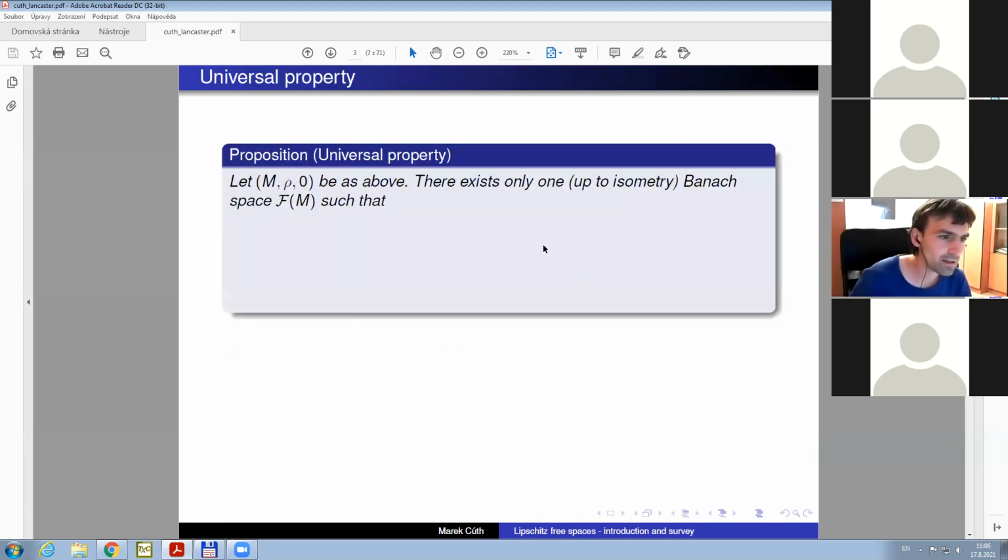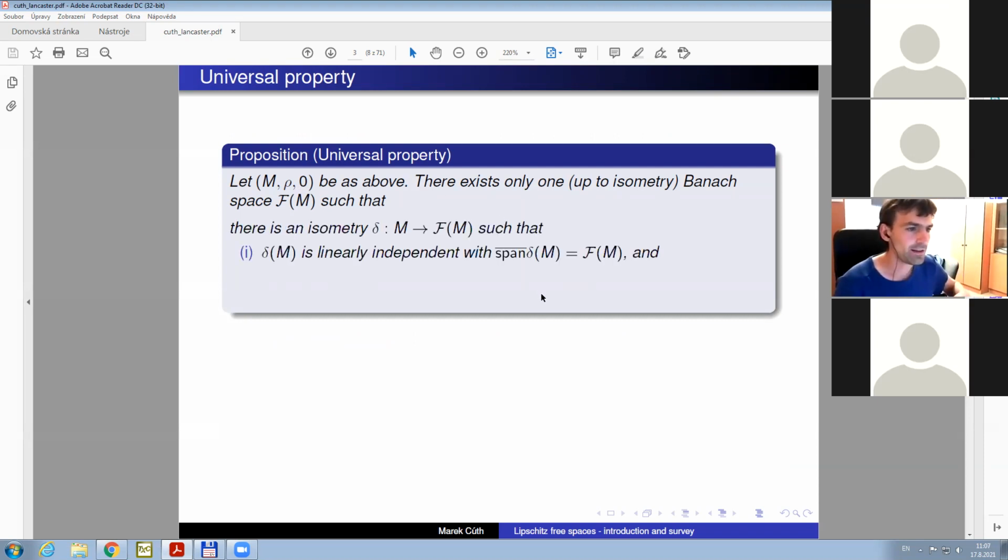If we have M, rho, 0 as above, so it means it is a metric space with the distinguished point 0, then there exists up to isometry only one Banach space, which is actually the Lipschitz-free space defined on the previous slide, such that there is an isometry from M to the Banach space, such that any point of this metric space is a linearly independent vector in this Banach space F(M). And moreover, those points are linearly dense in the Banach space.